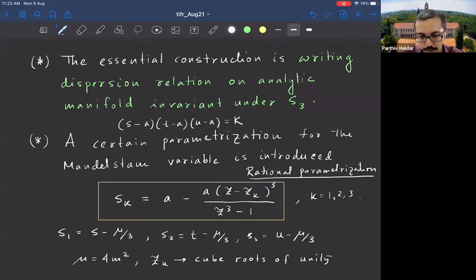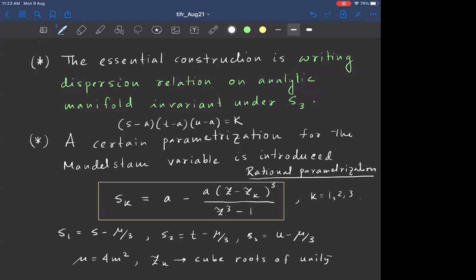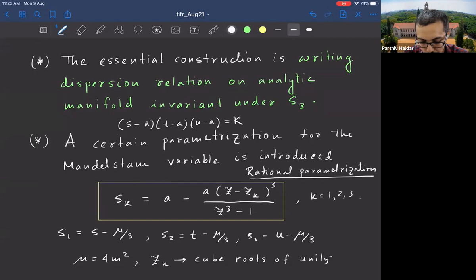And then you do not want to have unphysical branch points, which may arise if you do have a non-rational kind of parameterization. I see. So the non-analyticity is in the Z variable, you mean? Yeah. So your expectation is that you should parameterize in this way, that in the Z variable you should not have any extra non-analyticity. Okay.